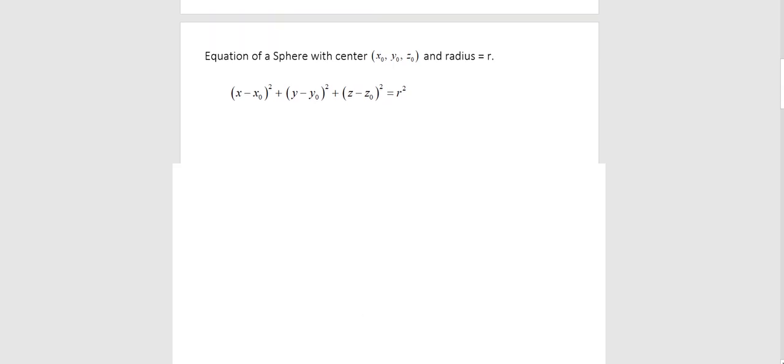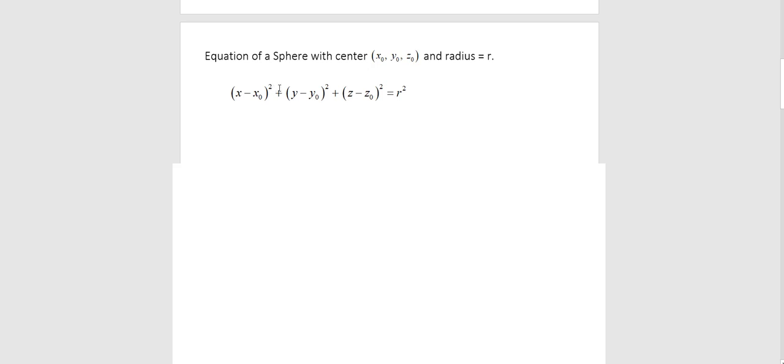A sphere would be a lot like our circle in 2 dimensions. If we have a sphere with this particular center and this radius, I'm going to just give you the formula here, but you'll see that this formula is nearly identical to the distance formula, and that's not an accident.